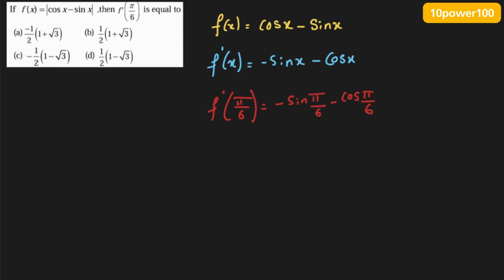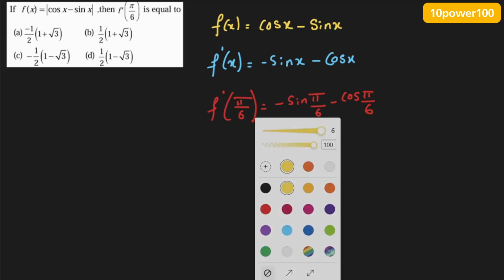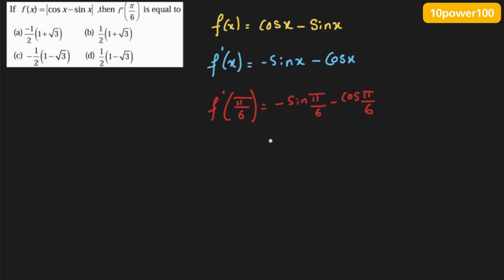Now pi by 6 is 180 by 6, which is 30 degrees. So we should replace those values. Let's write minus sin 30 degrees minus cos 30, in degree measure. You all know what sin 30 is: sin 30 is 1 by 2, so minus 1 by 2 minus cos 30.